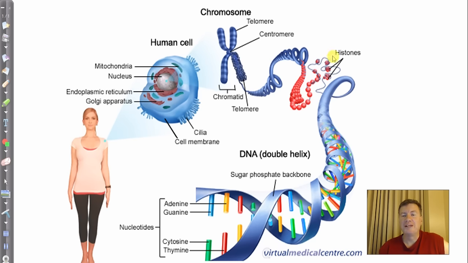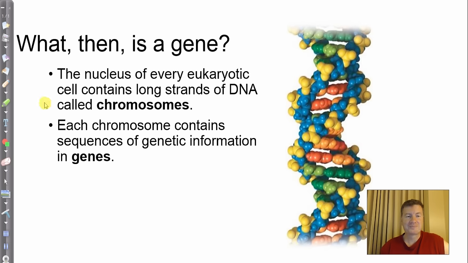Ultimately, if we pull the DNA loose from that and look very carefully, we'll see A's, T's, C's, and G's. These are the bases, adenine, guanine, cytosine, and thymine, that join DNA together. So DNA is wound around the histones, wound up some more, tightly associated in a chromosome. That is the relationship between DNA and a chromosome.